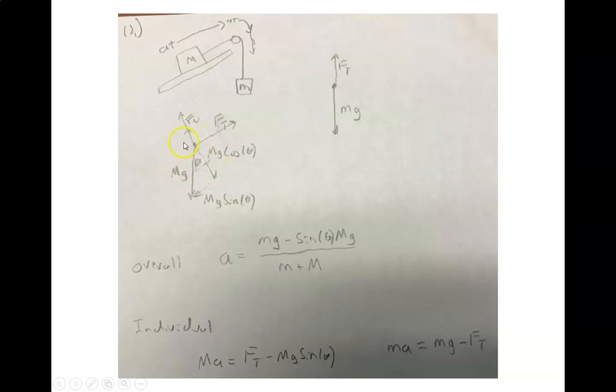We know that the normal force and the mg cosine of theta are going to cancel, and that's about all we know. So if we look over at the little mass, we've got mg, just mg, the force of gravity down, and we've got the force of tension up.